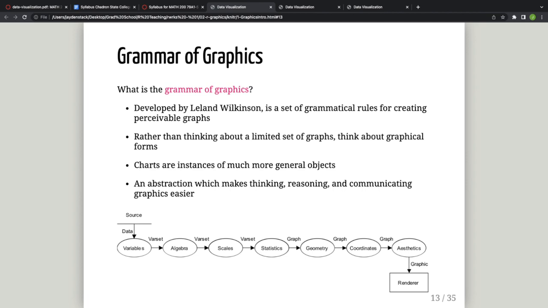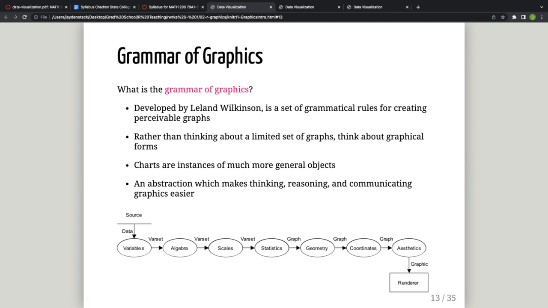So rather than thinking about a limited set of graphs, think about graphical forms. Charts are instances of much more general objects. An abstraction, which makes thinking, reasoning, and communicating much easier.